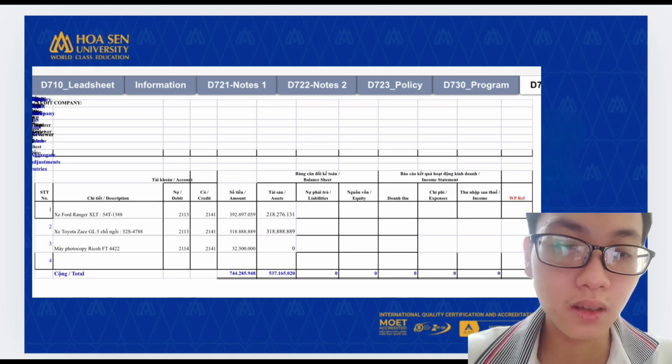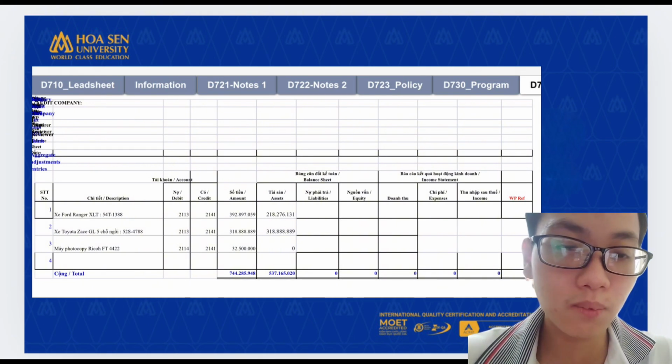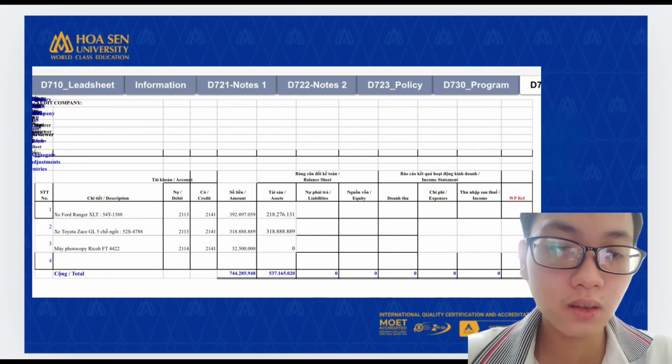Line 3, record ST4422 photocopier with an amount of 32,500,000. However, this value has not been recorded under the asset section.